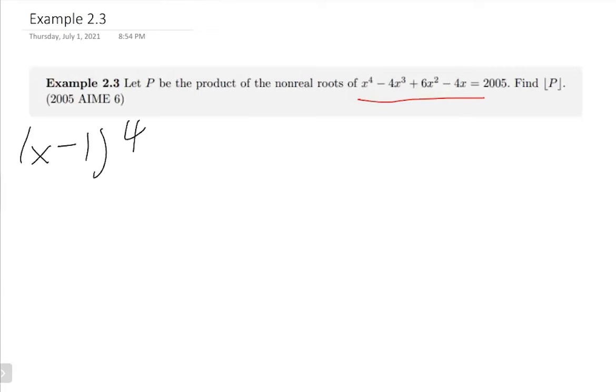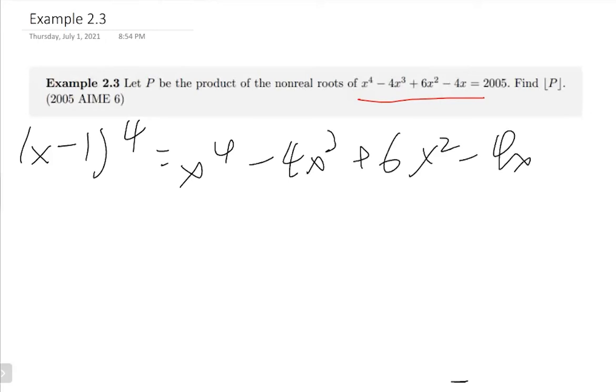If you don't know what that is, you can use the binomial theorem to evaluate it, but I'll just tell you what it is now. It's x to the fourth minus 4x cubed plus 6x squared minus 4x plus 1. So you notice there's just the plus 1 that's missing on the left-hand side. And we can account for that by doing the following.